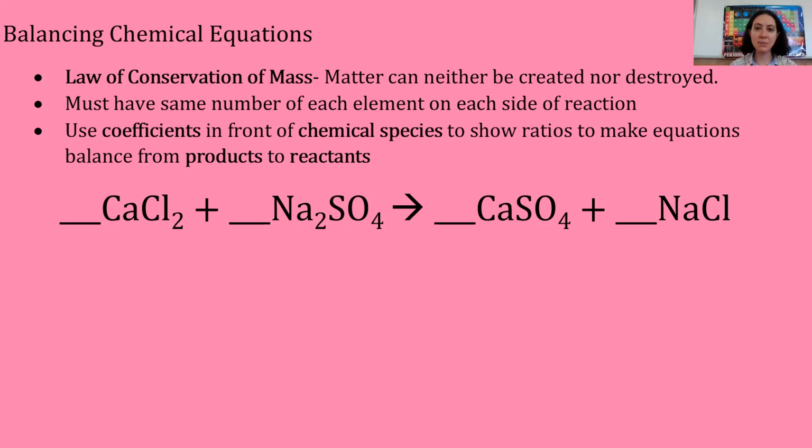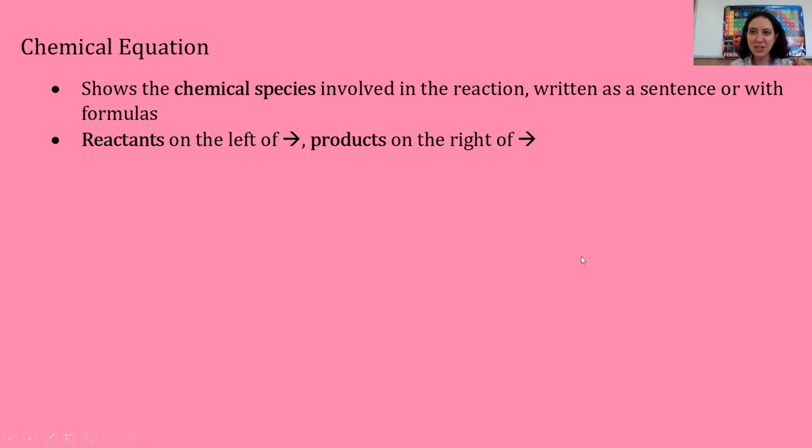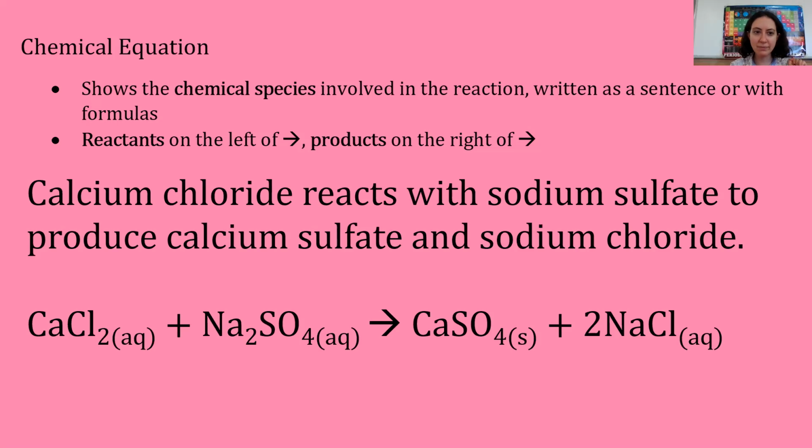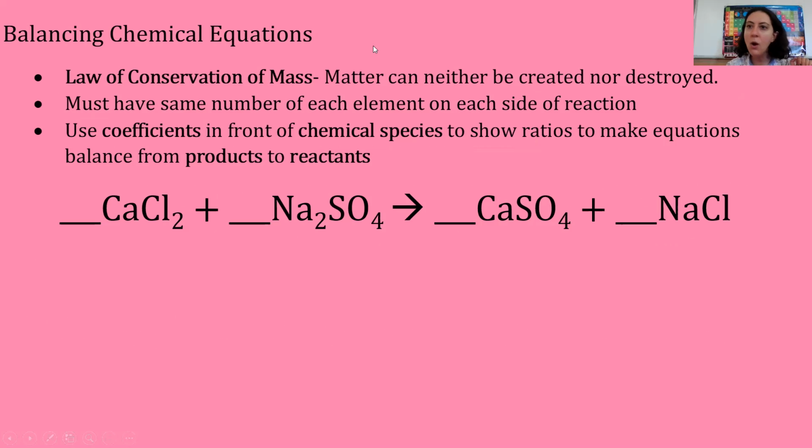Calcium chloride and sodium sulfate produce calcium sulfate and sodium chloride. I got rid of the little states of matter in parentheses afterwards, just because I wanted to clean it up a little, make it look a little nicer. If you remember, it looked like this before, but it's the exact same equation. Okay, so let's dive right in and let's do it.